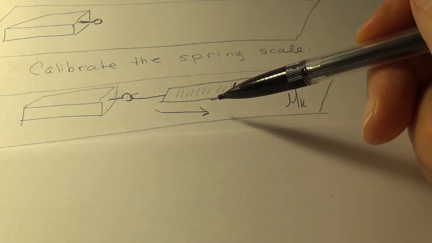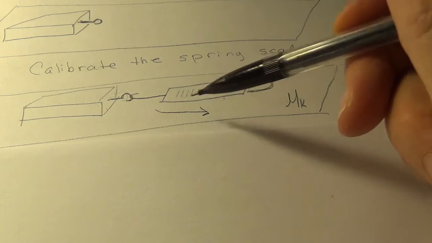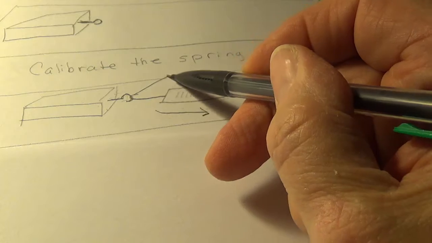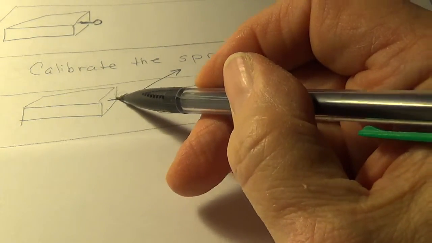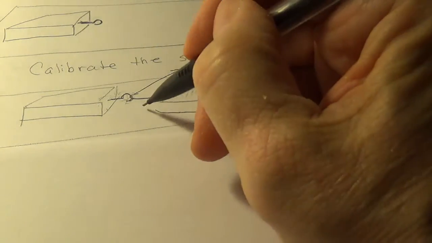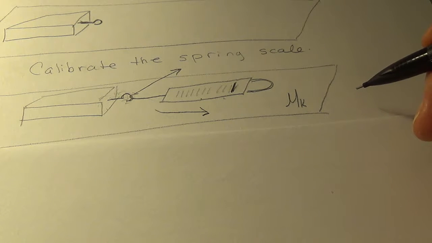So we're going to attach the force scale to the frictional block and pull the scale horizontally. Now some students make the mistake of pulling upwards. We want the angle between the hooky thing and the spring scale to be 0. So we want to be pulling along horizontally, parallel to the board or table.